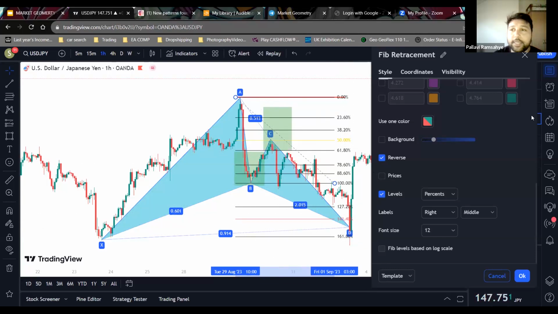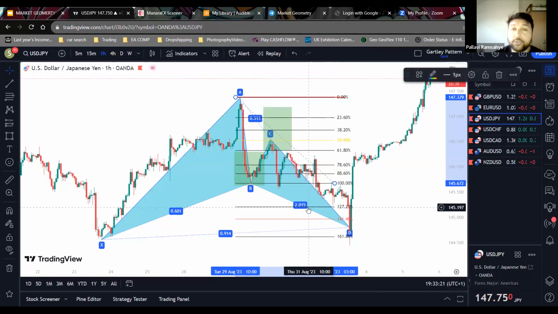Can anybody tell me the two percentages, the green zone for point D? I'm just going to drag it across a little bit more so everybody can see.